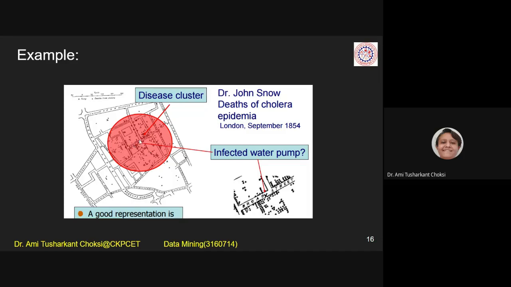So this is an example of spatial mining. This is the space, the geographical data, a map is being represented. And not only that, from it we also get the related data, what the problem was over there, and we are able to identify the infected water pump, and that can be solved by whatever means, right?